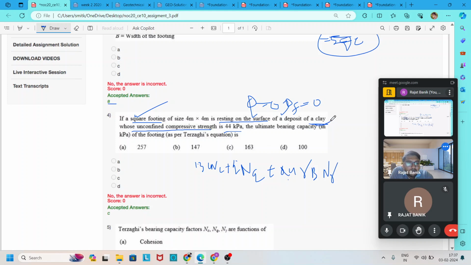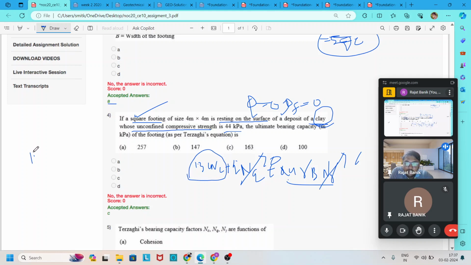It is told that it is pure clay, so we know that in pure clay N gamma is equal to 0, so this part cancels out. Also it is told that it is resting on the surface, so this q Nq part also cancels out. The remaining part is 1.3 c Nc.